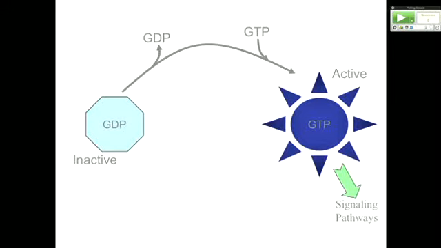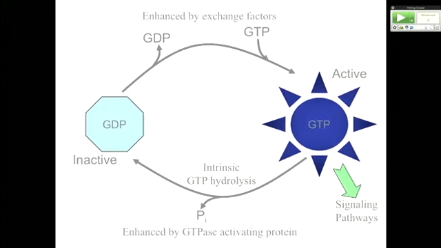Okay? And it would have an intrinsic GTPase activity causing GTP hydrolysis and inactivation. These processes, the guanyl nucleotide exchange and the GTP hydrolysis, would be mediated by a guanyl nucleotide exchange factor and a GTPase activating protein.